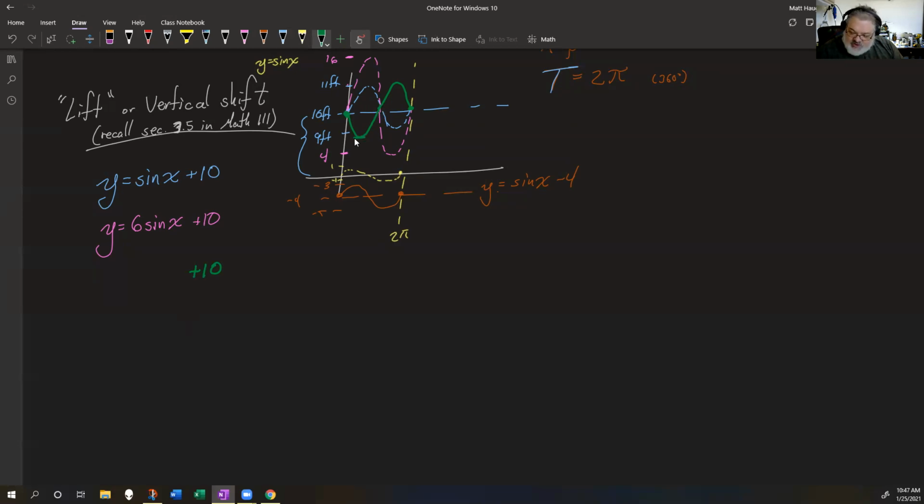The amplitude here, if I'm going down to, say, 7, I would then be going up to, the drawing's not quite symmetric, 13. So that would be an amplitude of 3.